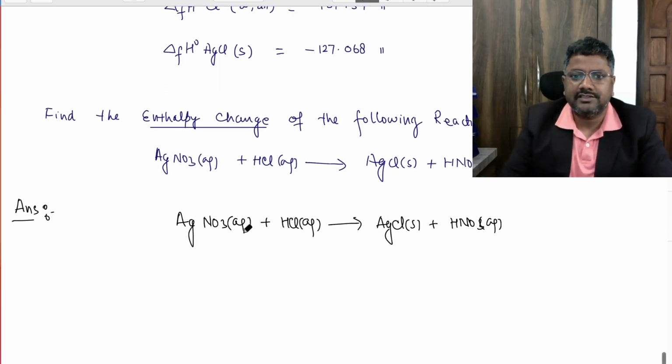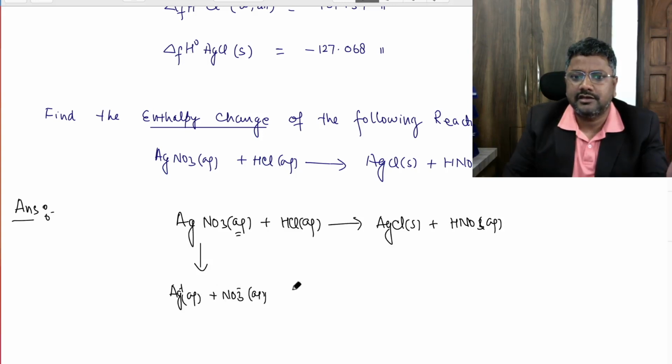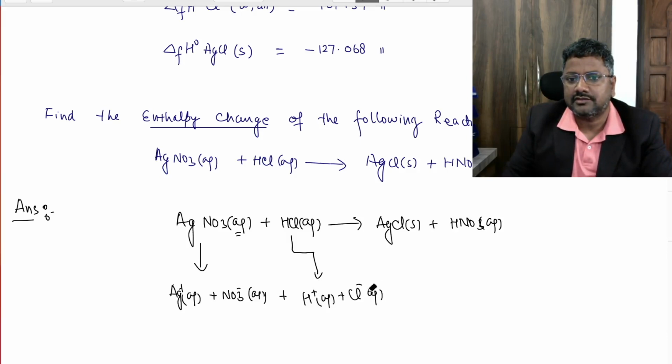What is the meaning of this aqueous? Aqueous means this is present in excess water. So this you can visualize like this: Ag plus aqueous plus NO3 minus aqueous, right? Plus H plus aqueous plus Cl minus aqueous, and this you can visualize like this only: AgCl.